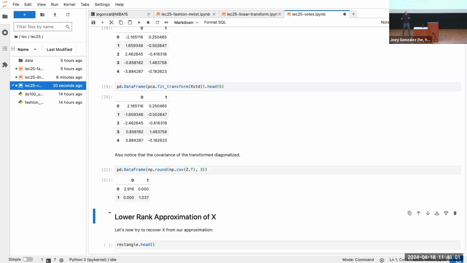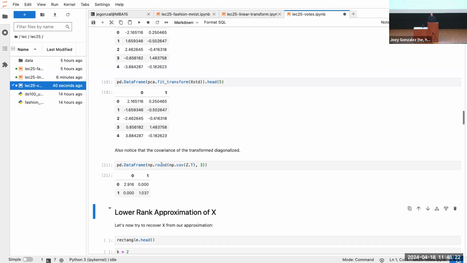It's one thing I wanted to say earlier in my slides. Once I've done all of this PCA magic, I've made the covariance matrix of my data diagonal. So I've rotated it so it is diagonal, and I've made the dimensions independent. That's a strong statement. I've made the covariance 0 across the off diagonals here.